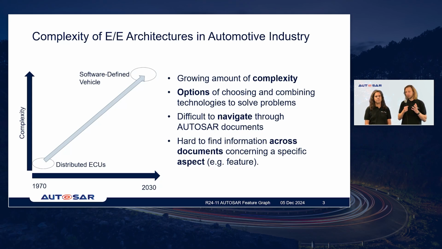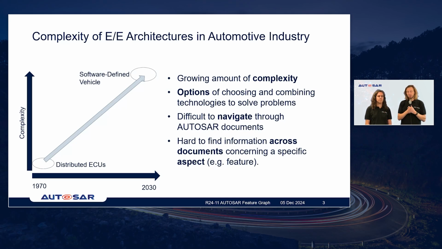Besides that, you get more and more options you can choose from according to a technology or a feature. The amount of documents is also growing, and it's getting more and more complicated to navigate through all this information to find what you really need.